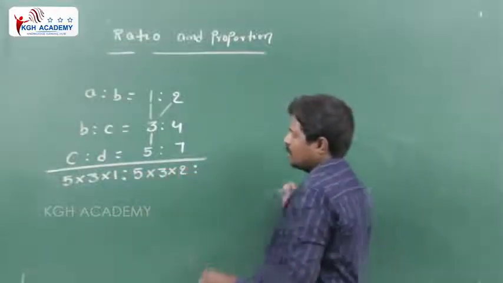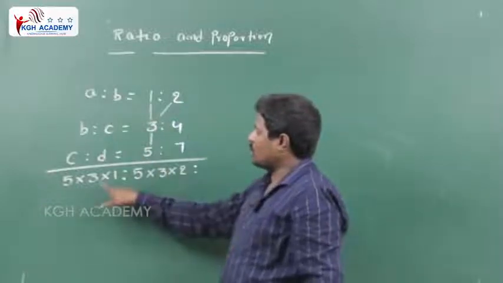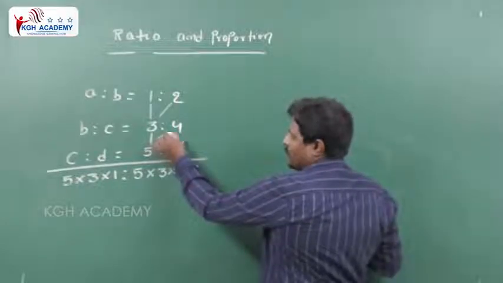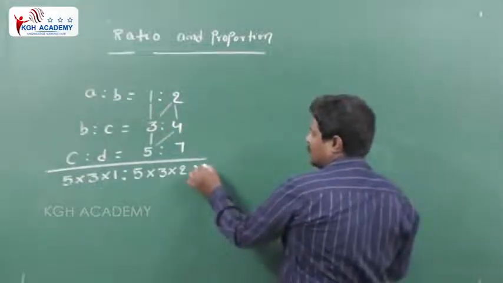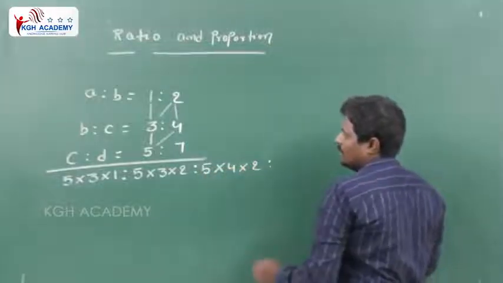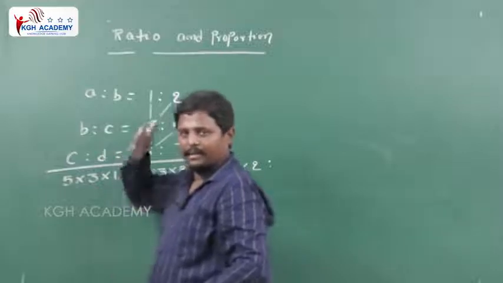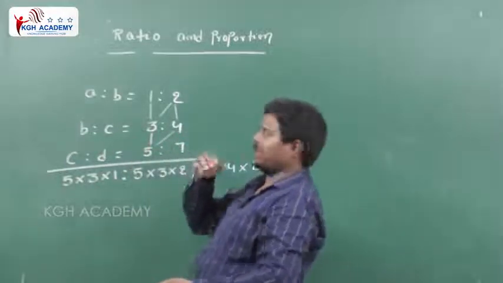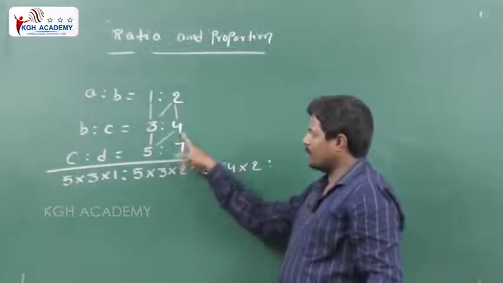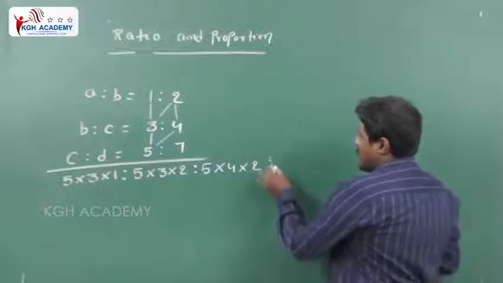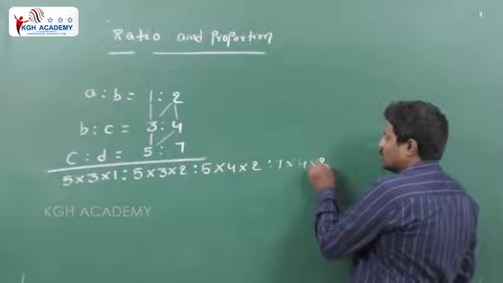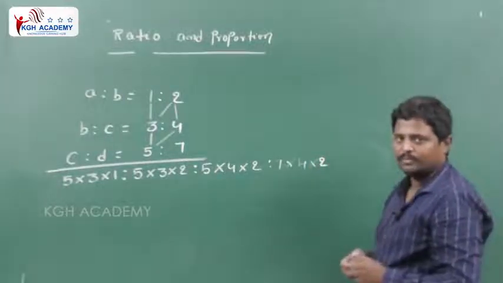The third step is 5 into 4 into 2. After that, 7 into 4 into 2. So the first step is 5 into 3 into 1, the second step 5 into 3 into 2, the third step 5 into 4 into 2, and the fourth step 7 into 4 into 2.